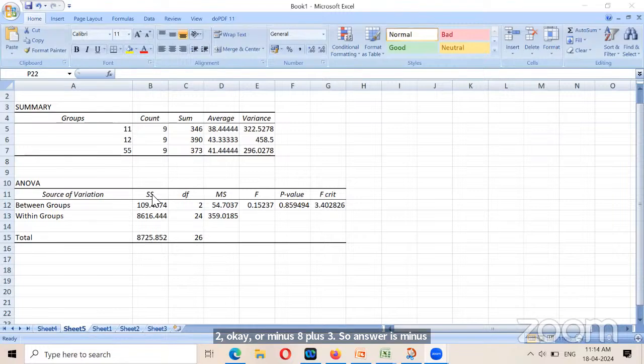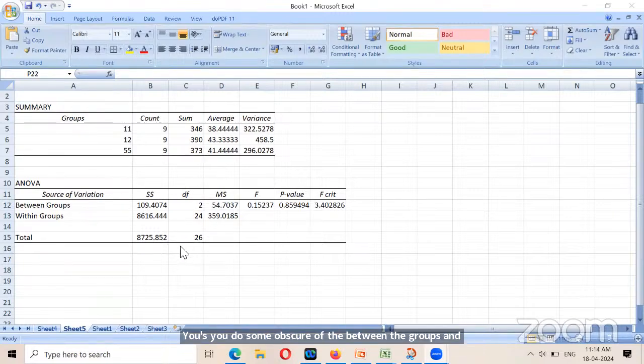So to eliminate the negative values, the square is taken. The difference that comes, the subtraction, its square is taken. That is nothing but the sum of squares. So the second column gives you the sum of squares between the groups and within the groups.